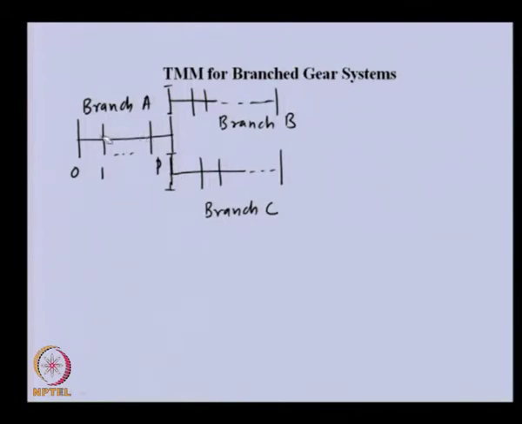These are various flywheels or discs in a rotor system, and for branch B, we can have q number of discs. Similarly, for branch C we have, let us say, r number of discs.